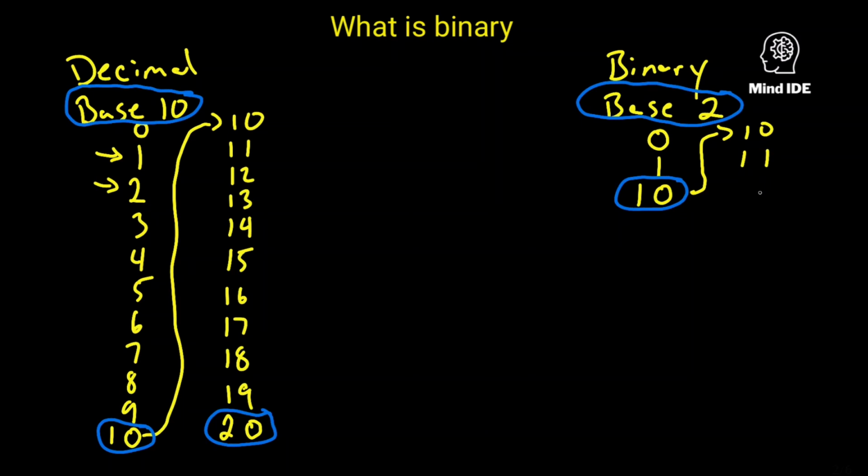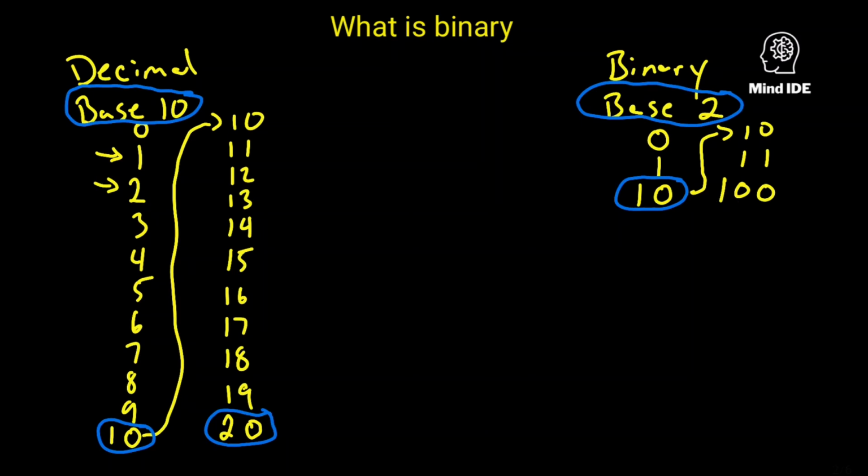And then we roll over once again, 0. And because we have 1s here already, we're going to roll over here, and we're going to go there. Okay, so hopefully that kind of makes sense. Basically, anytime you get to 10, or anytime you get to 2, which would be the equivalent of getting to 10 in decimal, we roll over.